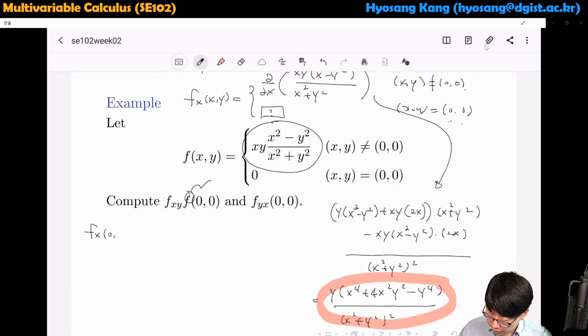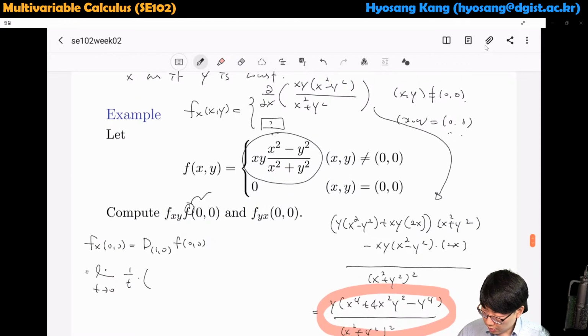So fx at 0,0 is by definition the directional derivative of f in the direction of (1, 0), and this equals the limit as t goes to 0 of 1 over t times... so my parametric line is (t, 0). So I'm putting f of (t, 0) minus f of (0, 0).